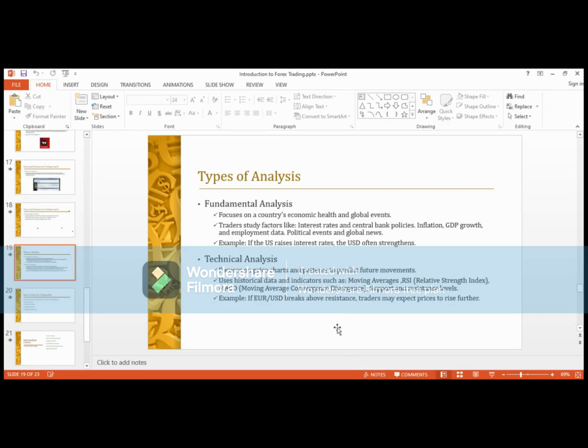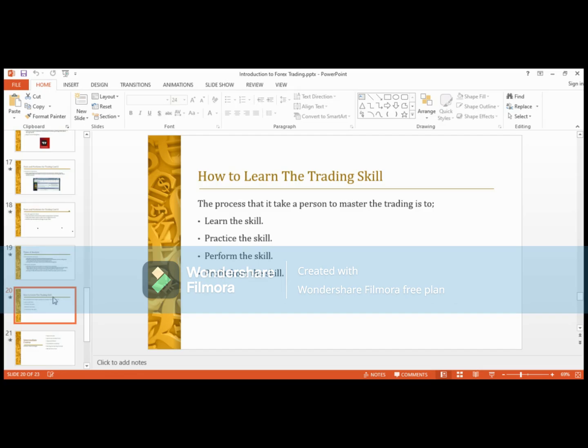But if immediately we see price breaking through that resistance, traders can anticipate that price can come back into that area again or start pushing higher. So this is another type of technical analysis that traders use to make decisions in the market.